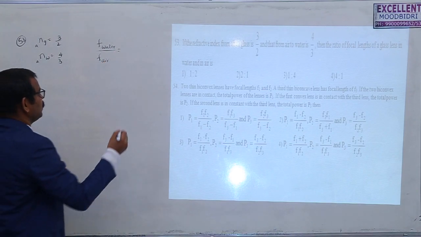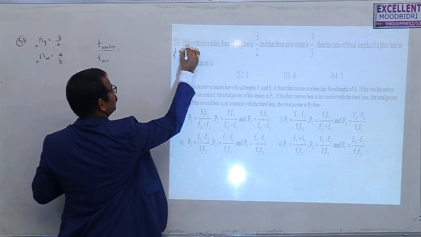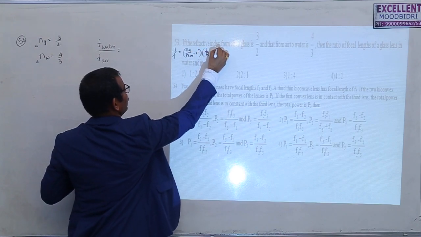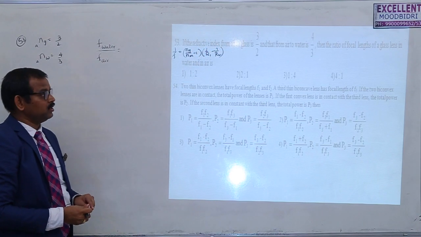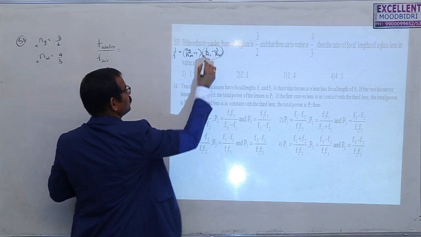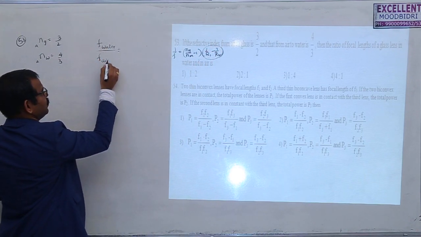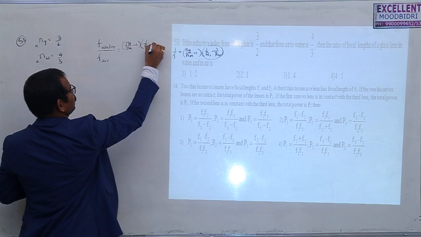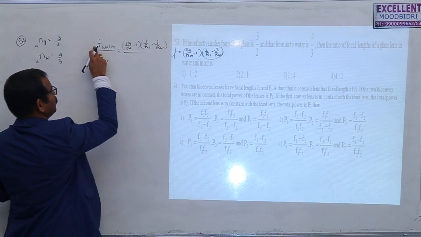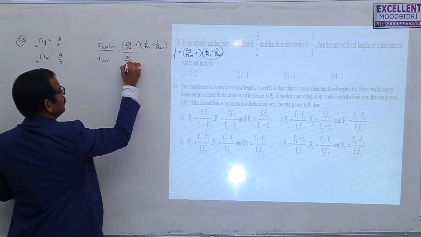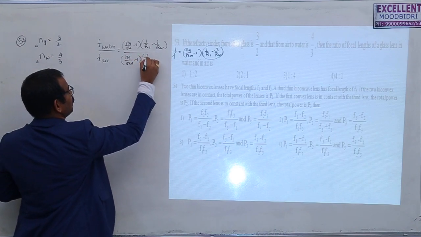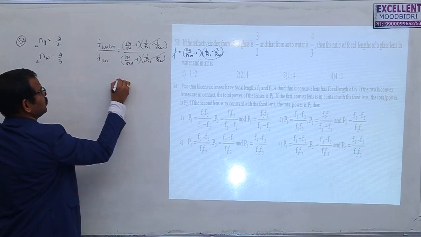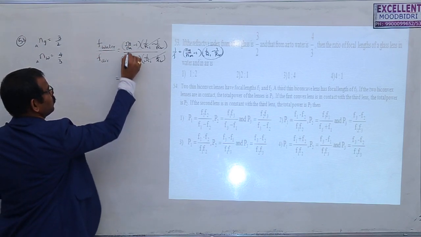According to the lens maker's formula, we can write that 1 by f is equal to (n_g by n_medium minus 1) into (1 by R1 minus 1 by R2). I am not going to use this one because these two will get cancelled. So, 1 by focal length in air is (n glass by n air minus 1) times (1 by R1 minus 1 by R2). Now, the focal length in water, (n_g by n water minus 1) times (1 by R1 minus 1 by R2). These two get cancelled.